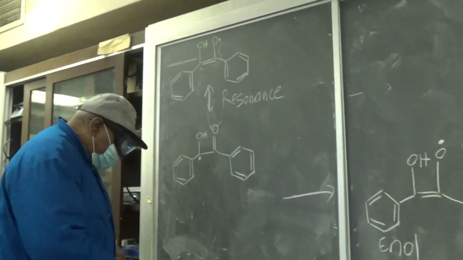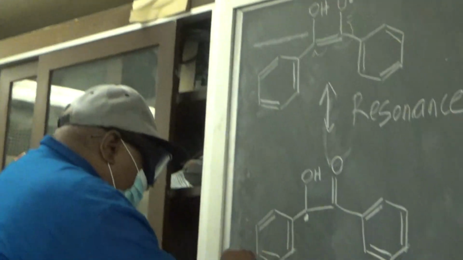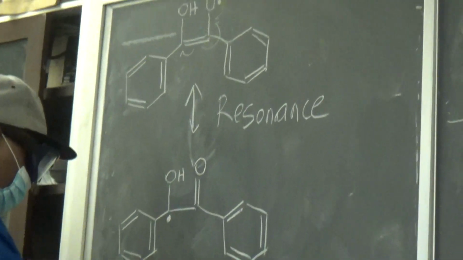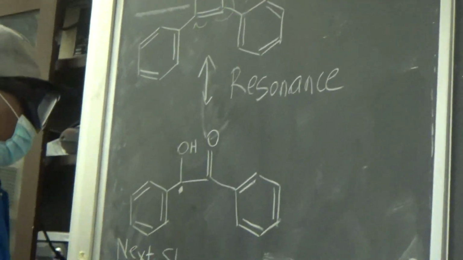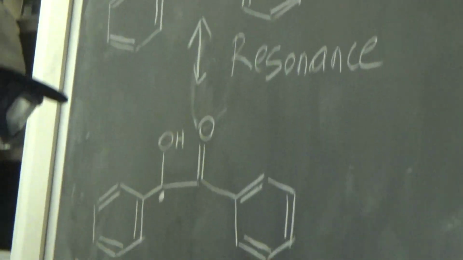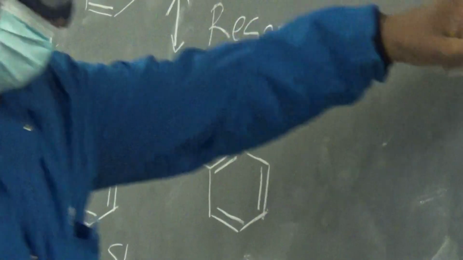Next step. So what will happen here, you still have the radical. It's better to draw that over here. Our board is so small.